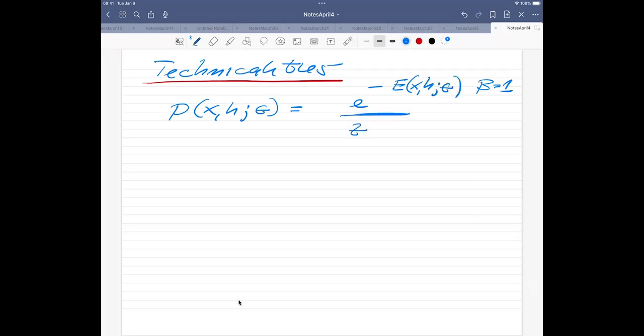The Z of theta is what we call a normalization factor, like we had the normalization factor for the trial wave function. If you take a course in statistical mechanics, this is called the partition function.